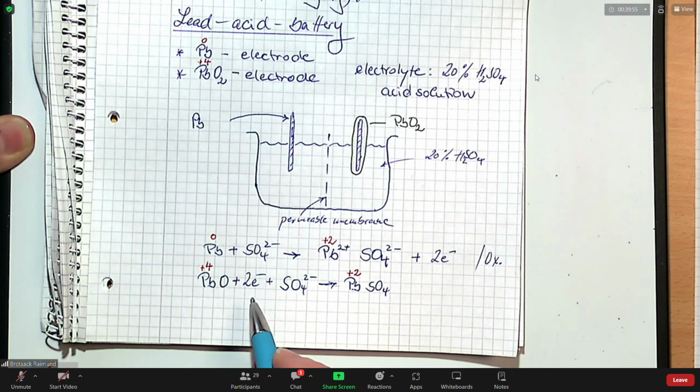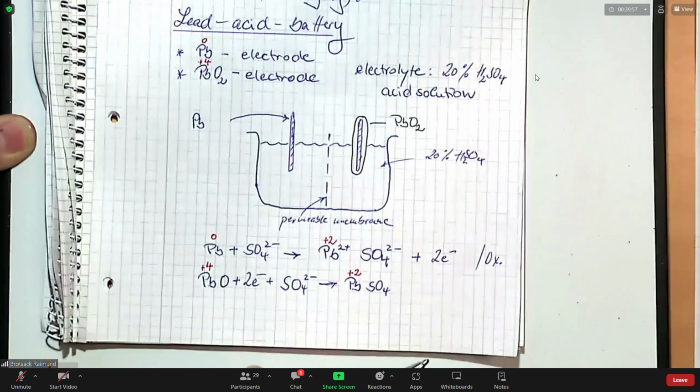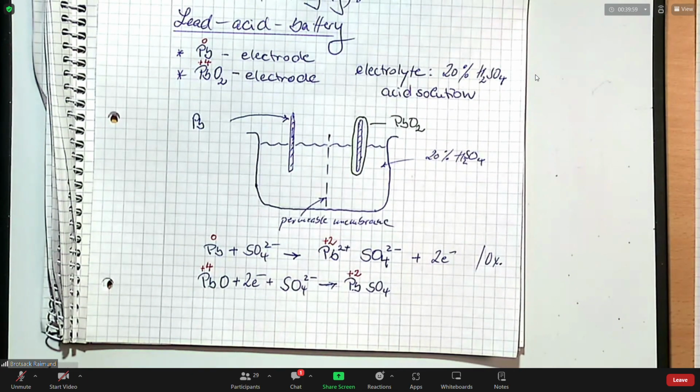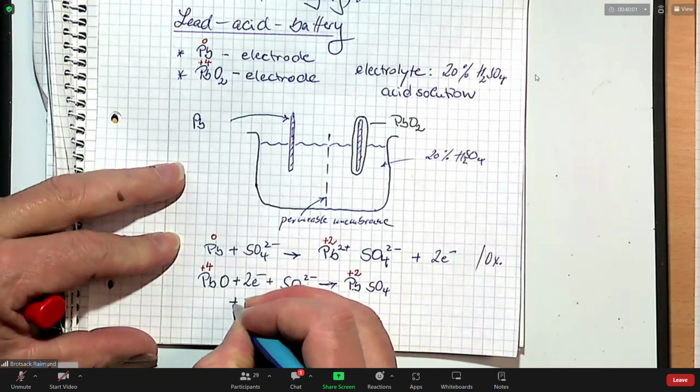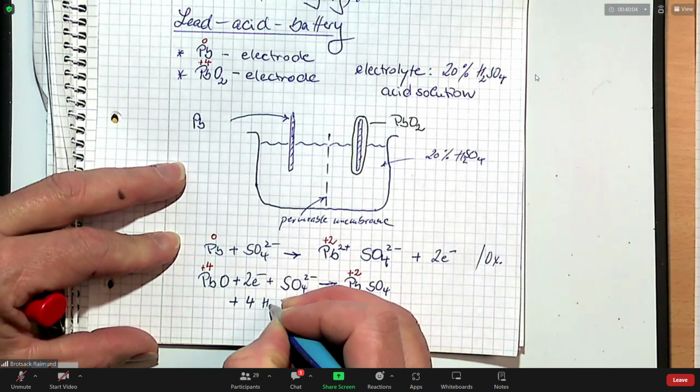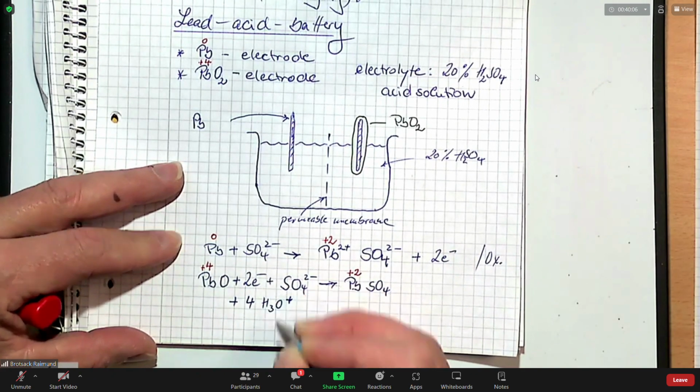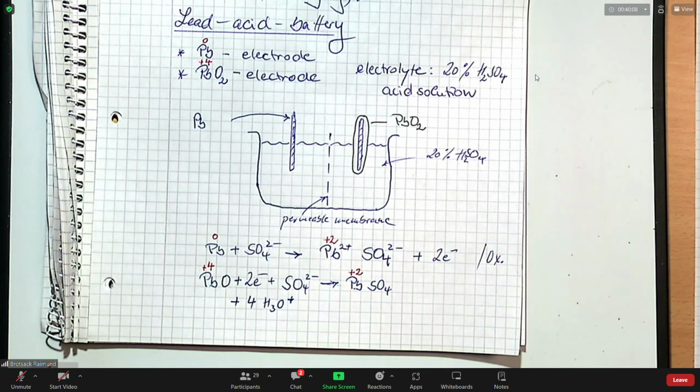How many H3O plus do we need? Hey, you are really great. +4 H3O plus. Then we're done with all the charges, because we have no charge on the right and no charge on the left.